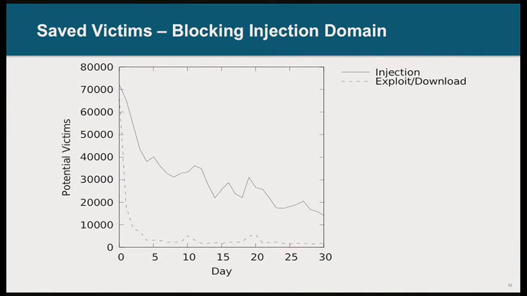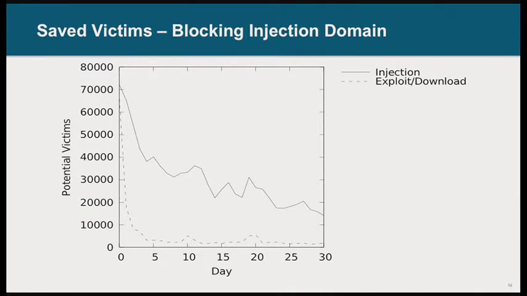This slide shows on the x-axis the days 0 through 30, where 0 is the day we observed the malicious download, and 30 is 30 days after the malicious download. The y-axis is the potential saved victims, and we use our passive DNS database to measure these potential saved victims.